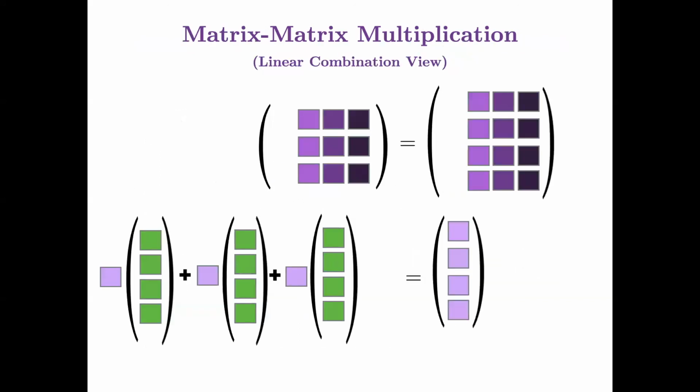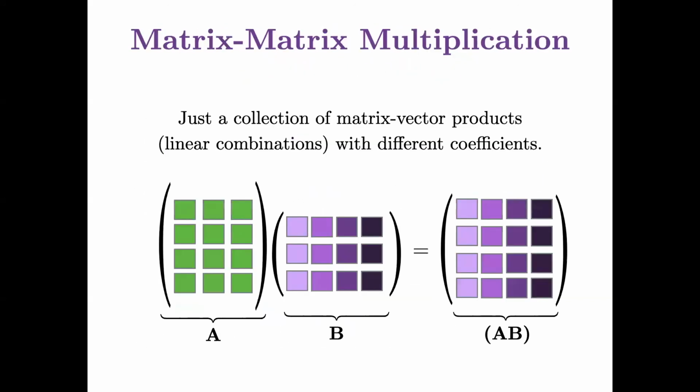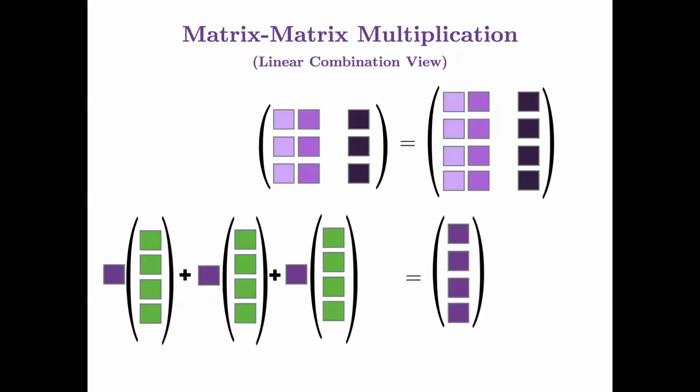By that, of course, I mean that these dimensions don't line up. Okay, so if those dimensions don't line up, then it's not even possible to multiply A and B.